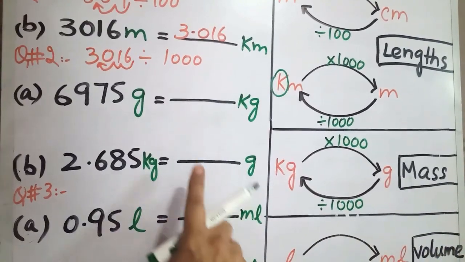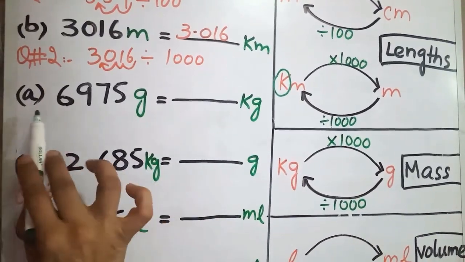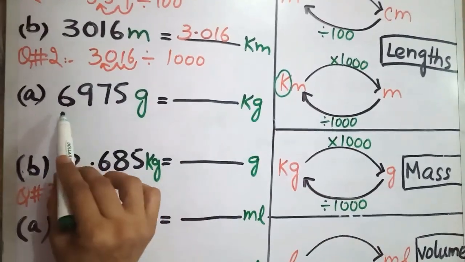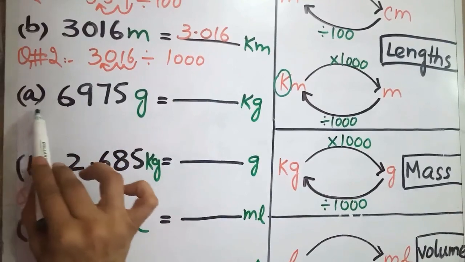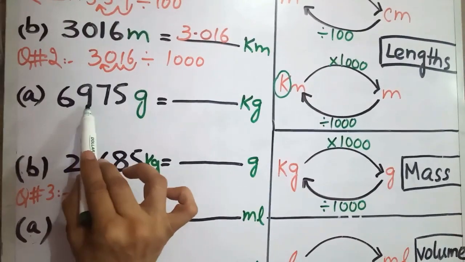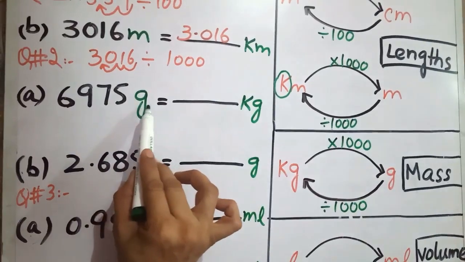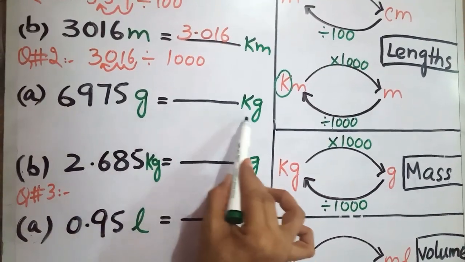Now we will see question number 2, A and B part, according to the mass. Question 2, A part is 6,975 grams, which is being converted from grams to kilograms.